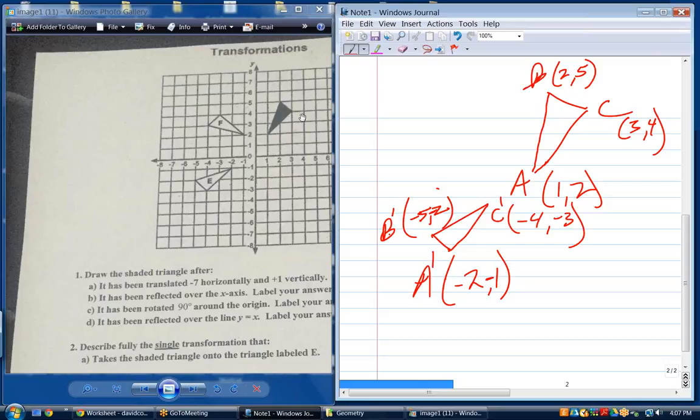In the previous problem, A prime would be 2, 1, B prime would be 5, 2, and C prime would be 4, 3. That's reflecting it over the line y equal x. Well, when you reflect it over the line y equal negative x, that line there, you switch the numbers and the signs.